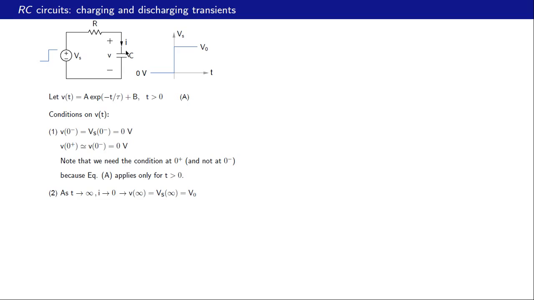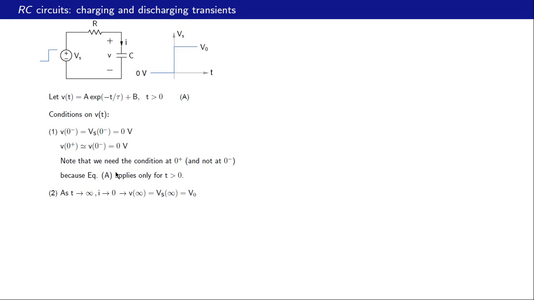Once again this I, which is C dV/dt, would be 0 because V is a constant, and then we have no voltage drop across this resistance. The capacitor voltage V is the same as Vs at t equal to infinity, and Vs at t equal to infinity is the same as V0. Therefore we have V at infinity equal to Vs at infinity equal to V0. So that is our second condition.